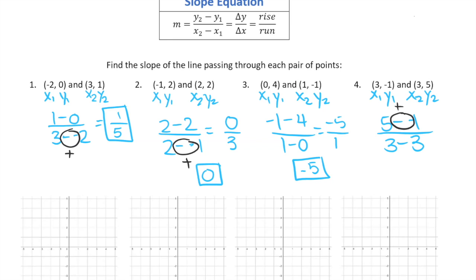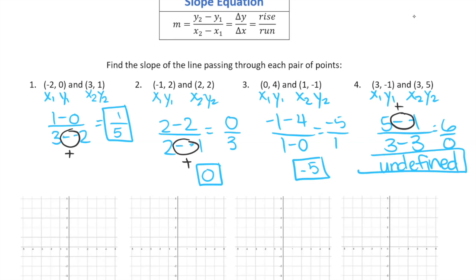So I've got 5 plus 1 is 6, and 3 minus 3 is 0. Now this is very different than when I had a 0 in the numerator. 6 divided by 0, if you put it in your calculator, it says error. It is undefined. So my slope in this case is undefined.